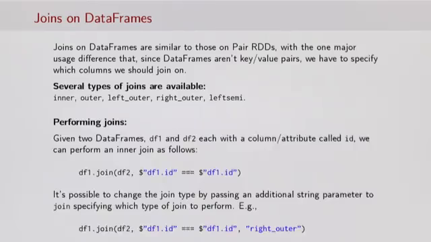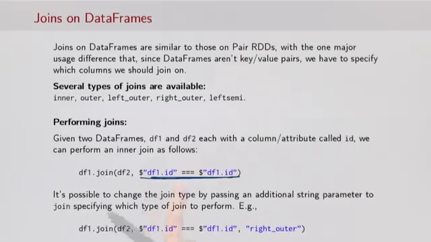To do a join, the syntax is just a little bit different. This is, for example, how we do an inner join. Assuming we have 2 data frames, one called df1 and the other called df2, we can do an inner join by saying df1.join and then passing df2 as a parameter. Now this here is how we tell Spark SQL which columns should behave as keys.